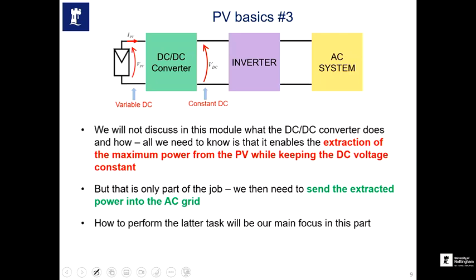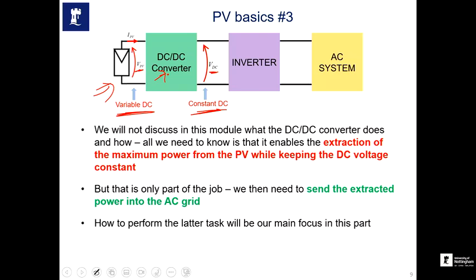So the structure we are considering here, we have basically the PV, which will generate a variable DC, and the voltage we want on this PV will be controlled by this DC-DC converter. As I said, it will also try to fix the output of the DC-DC converter to a constant voltage.